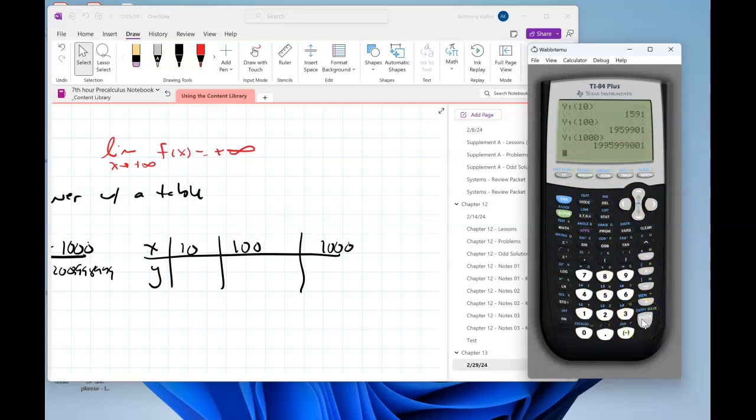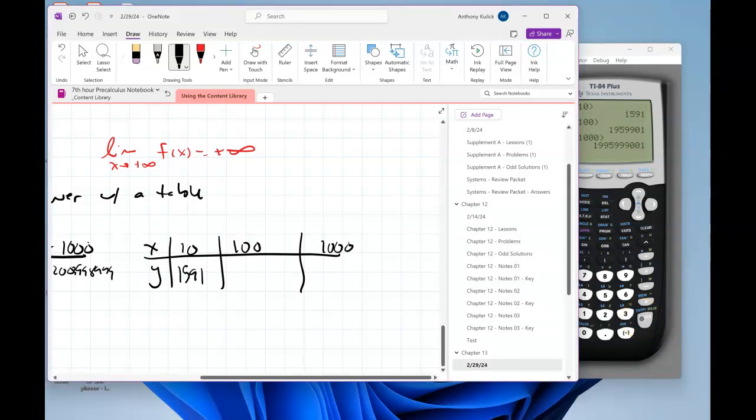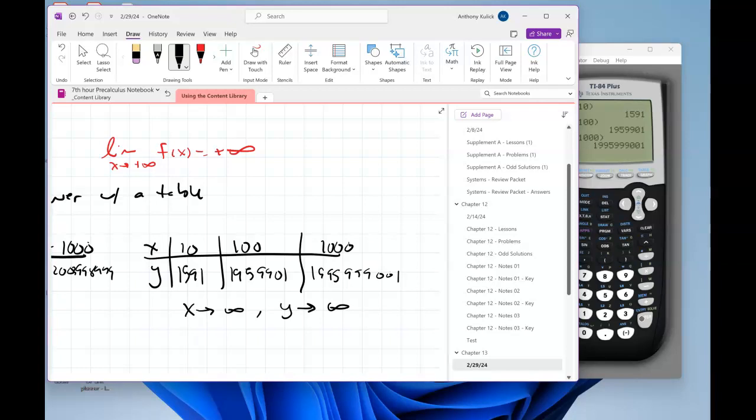And I'll copy those in now. And I'm noticing if I look at the table, as x gets bigger, y is getting bigger. So as x is going to positive infinity, y is going to positive infinity.